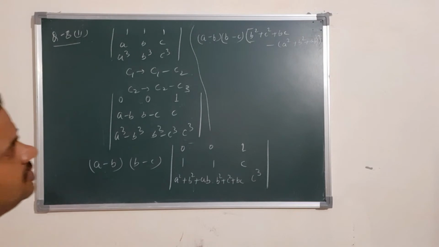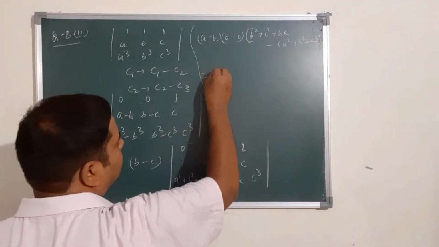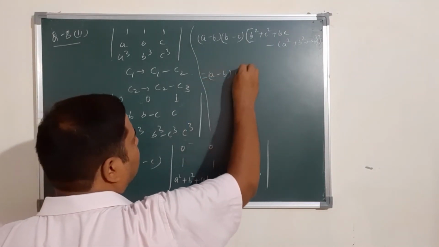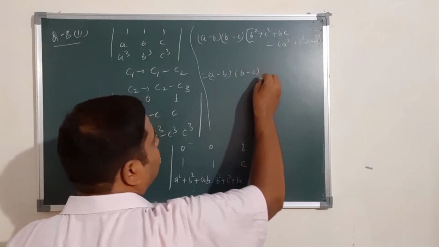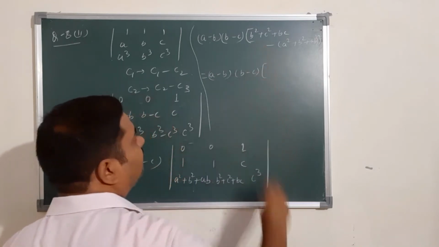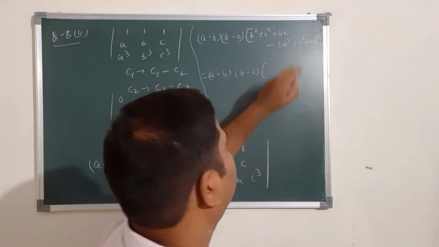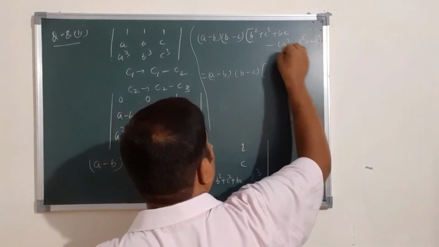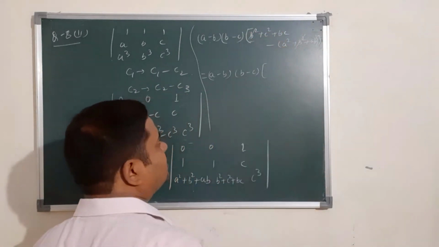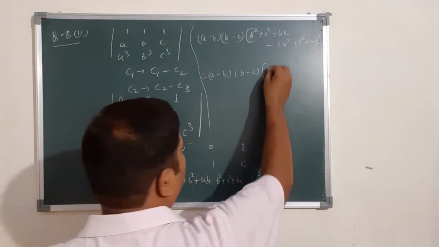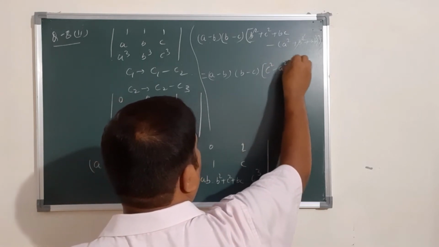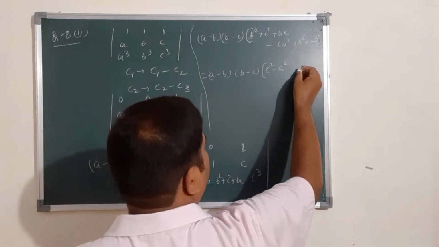Okay. So this is nothing but (A minus B)(B minus C), and within bracket B square plus C square, B square and B square cancel out because this is positive and this is negative, C square minus A square and BC minus AB.